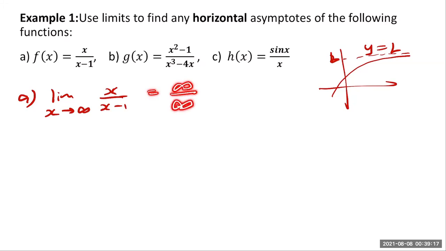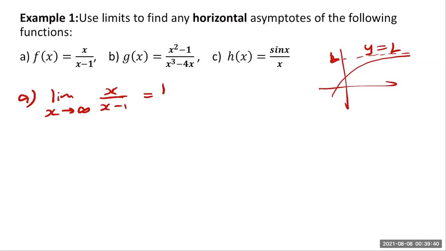Remember, that's an indeterminate form. So we need to figure out a way to find this limit. So we use a small trick. The trick is that we multiply both top and bottom by 1 over x. Or you divide both top and bottom by x.